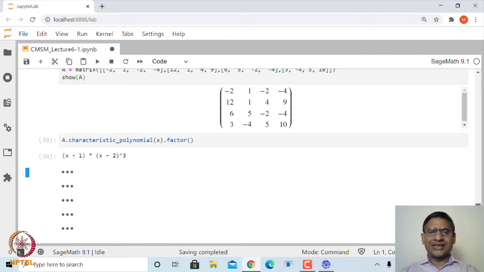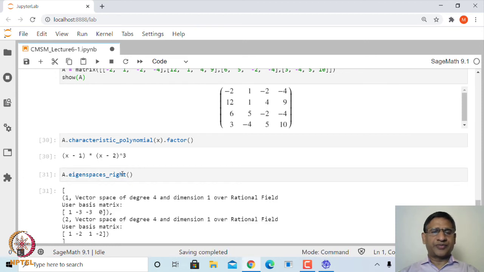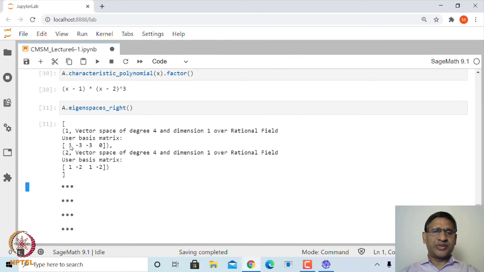Now, if you find the eigenspaces of A, the eigen basis with respect to eigenvalue 1 has only one vector, that means its dimension is 1, and the eigenspace with respect to eigenvalue 2 is also one dimensional. So, both eigenspaces are one dimensional.